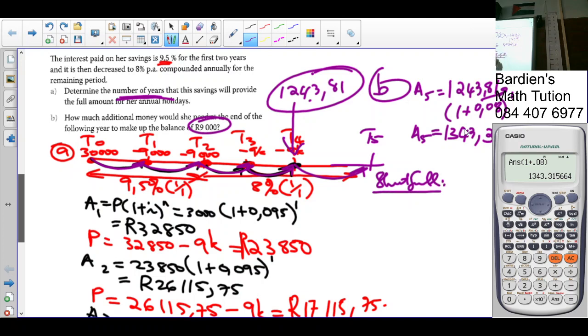So the amount needed, the shortfall. You guys know what shortfall is, no? What is short from the total amount? It's going to be 9,000 minus that answer of 1,343.32.